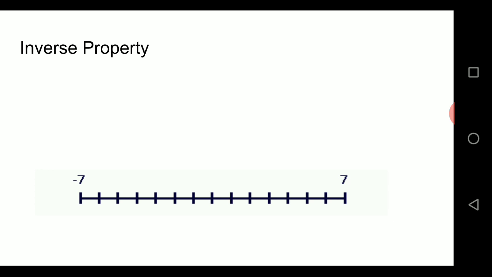Imagine the number line. In the number line you have negative values, and on the other hand you have positive values. If there is a number a, for example here I've taken 7, there is another number negative a, in this case negative 7, which is its additive inverse.